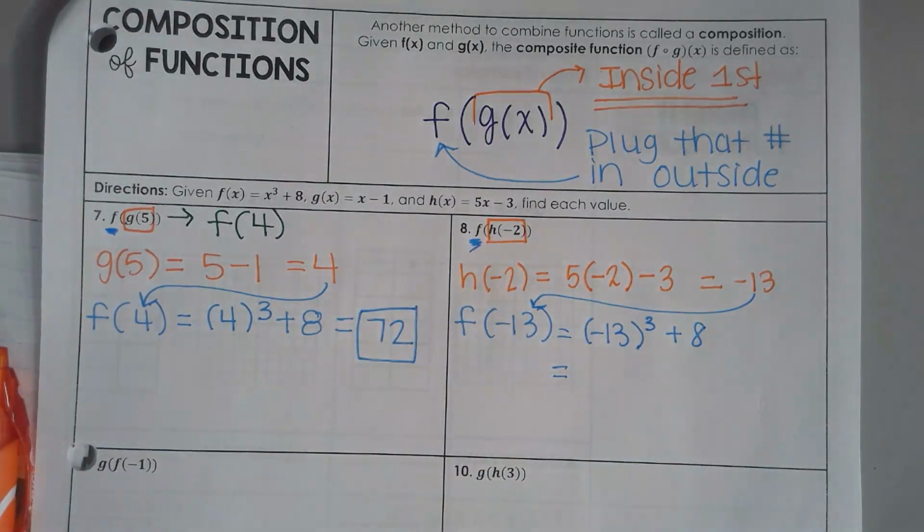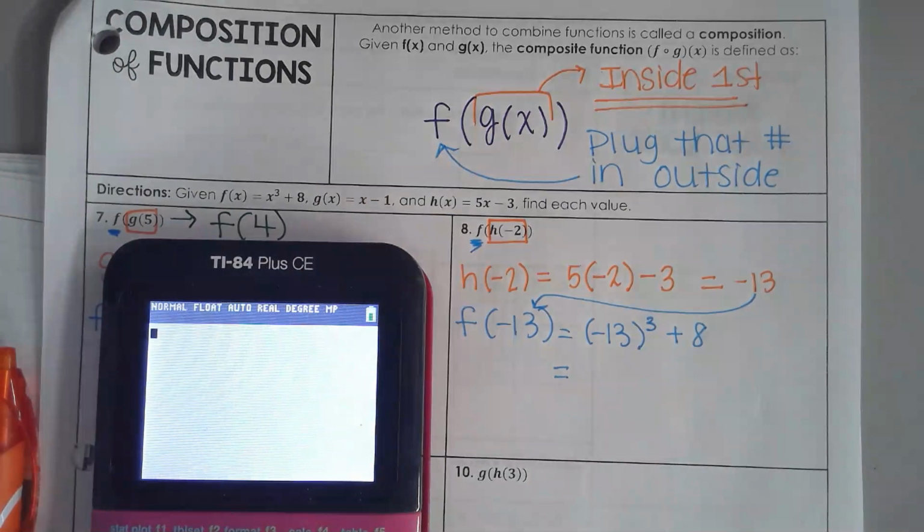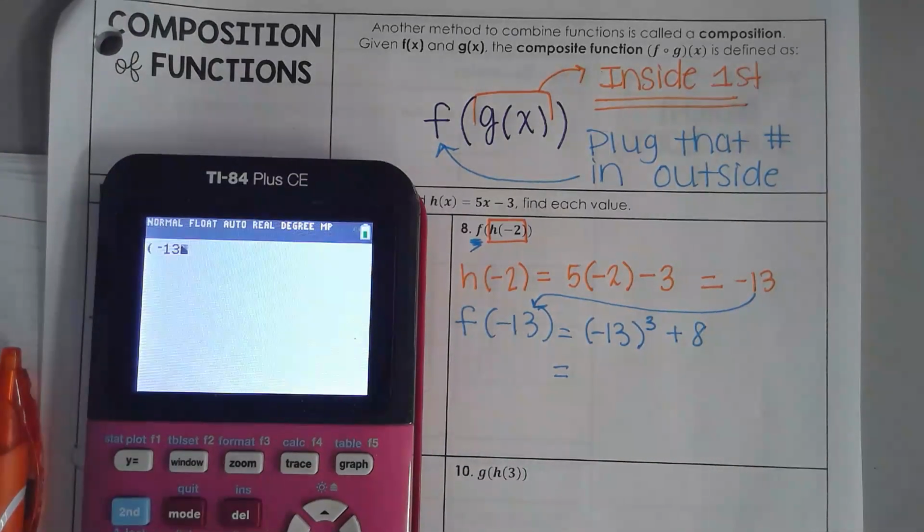Shoot. That's going to be a big number. Oh, that's weird. The one I use for advanced has x squared there instead of x cubed. But we'll still use it with the cubed. Negative 13.